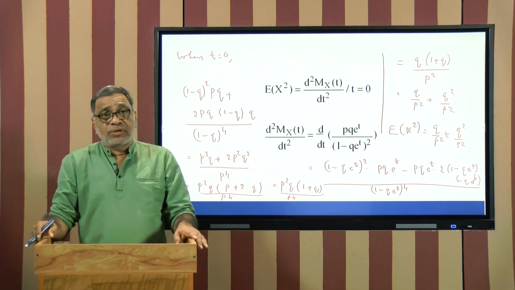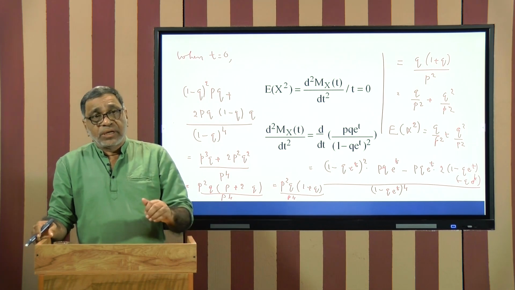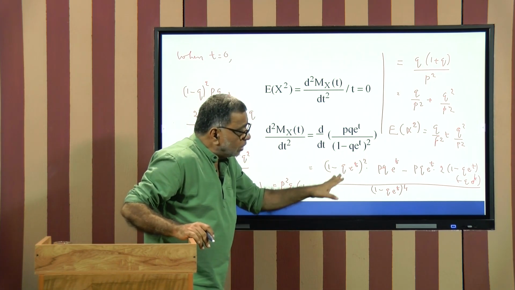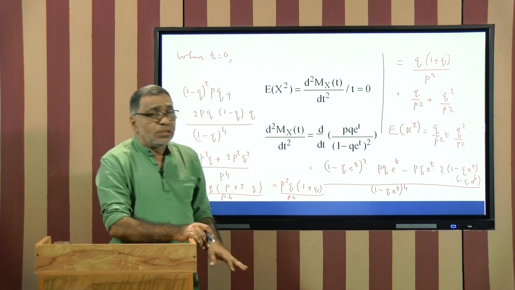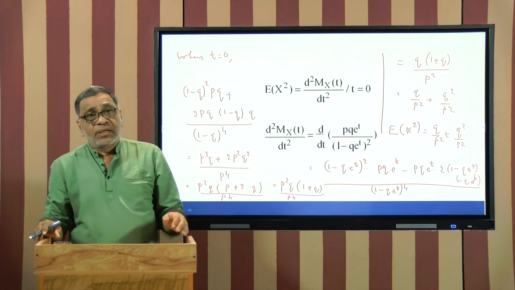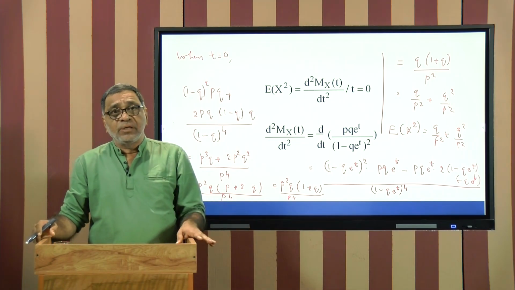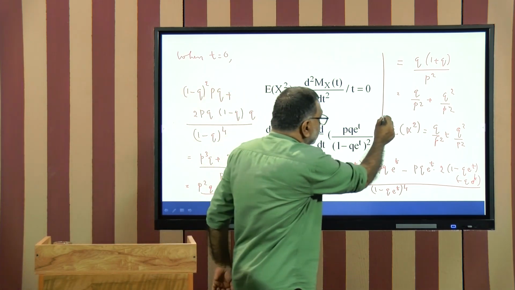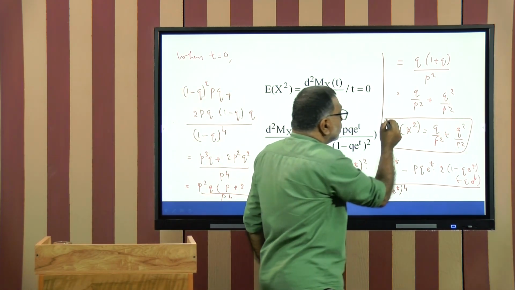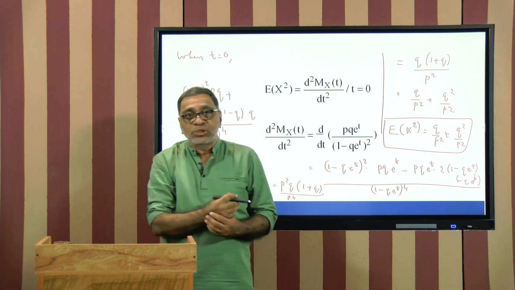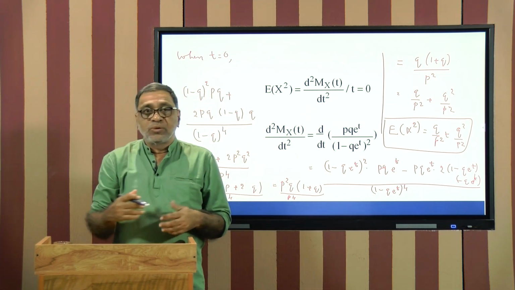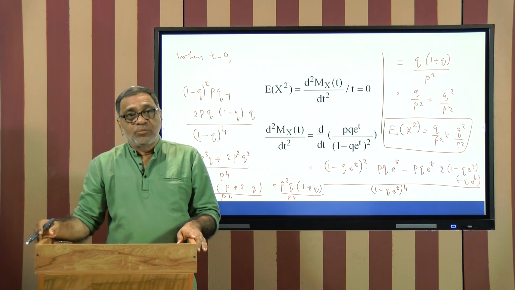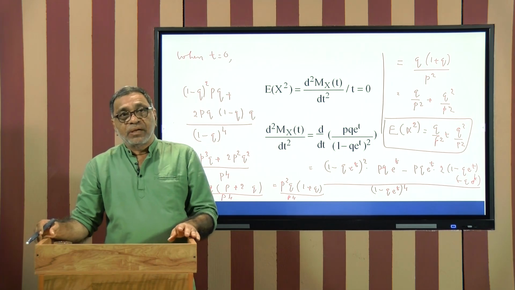When you are finding the second derivative, we have the expectation of x square, and even though this seems to be a very lengthy expression, it is very simple to identify the derivative, put t equal to 0 and simplify, and you get the result: expectation of x square is equal to q divided by p square plus q square divided by p square. So, this is the way in which we are finding arbitrary moments, especially mean and expectation of x square.